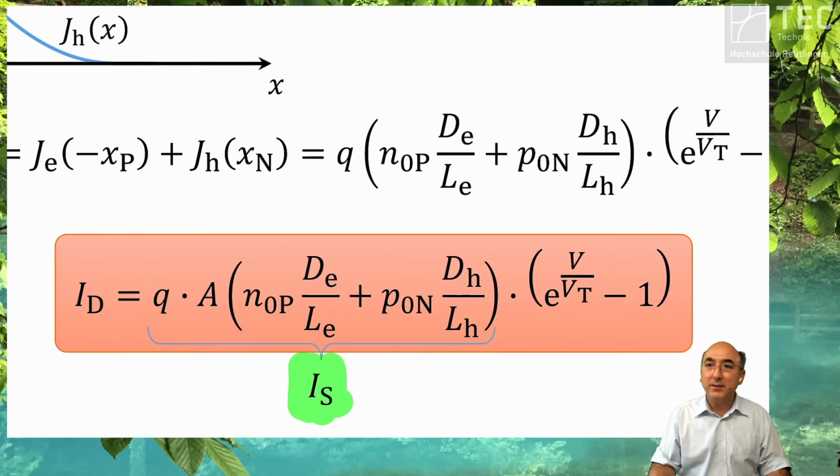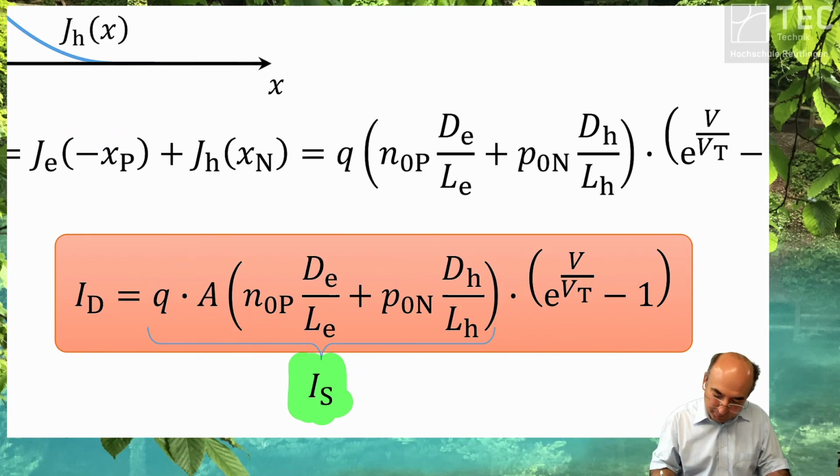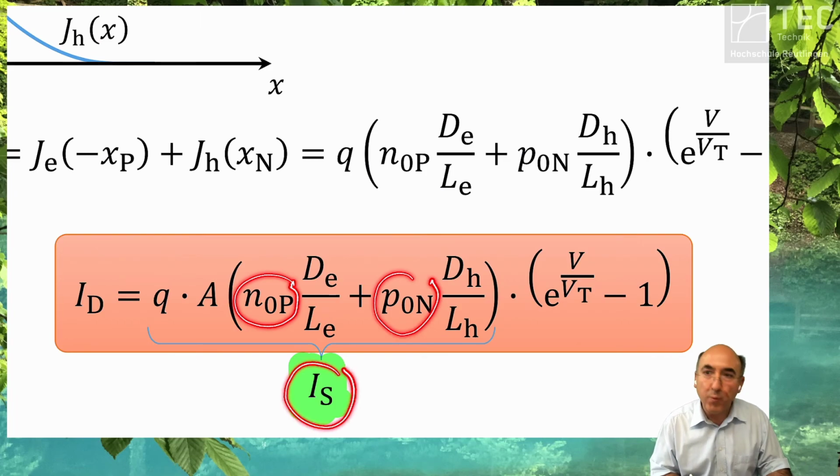Okay, the dumb answer is make it big. Or make it more in the minority carriers. More minority carriers, more IS.